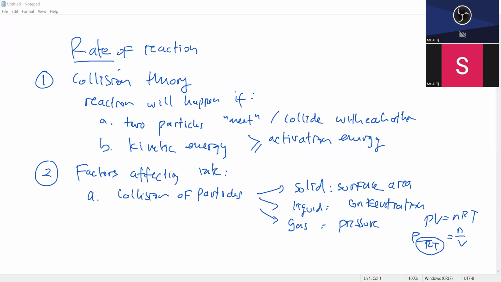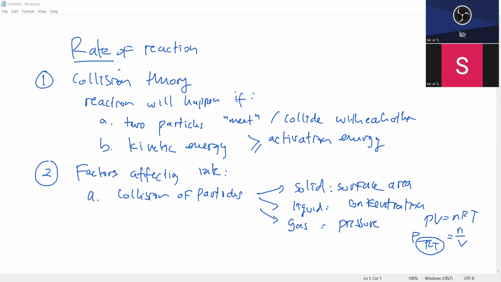That's the first part of the collision theory. Collision theory tells us that particles need to meet first. The more collisions we have, the more particles are going to react per second. For solid, we need to increase the surface area because only particles at the surface of the solid can react.